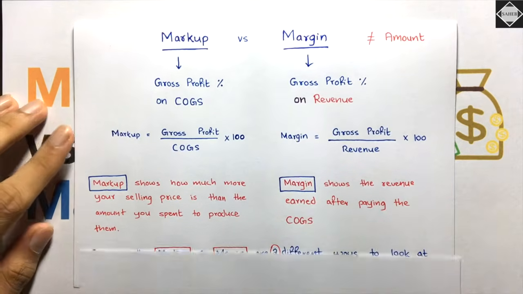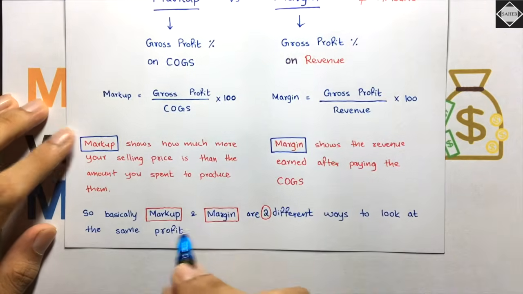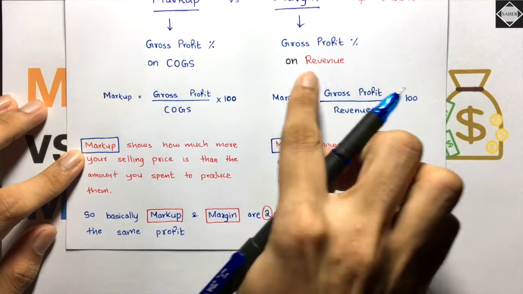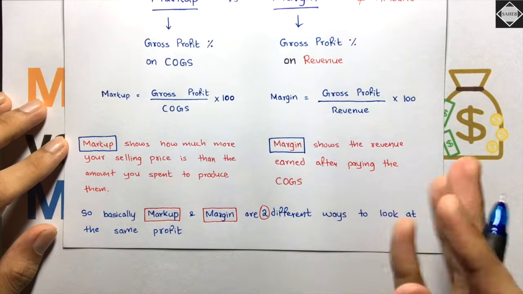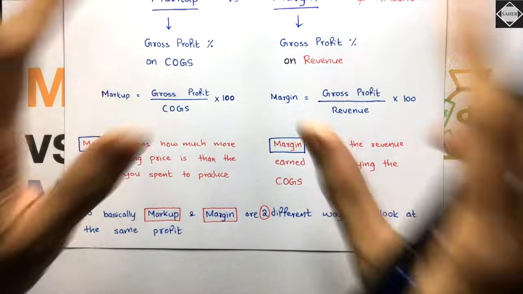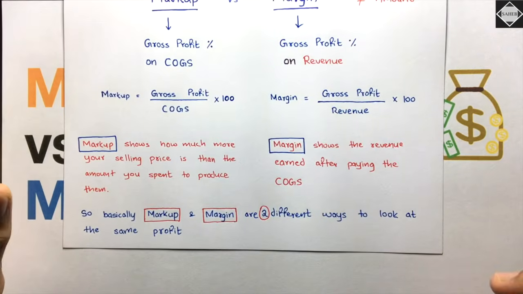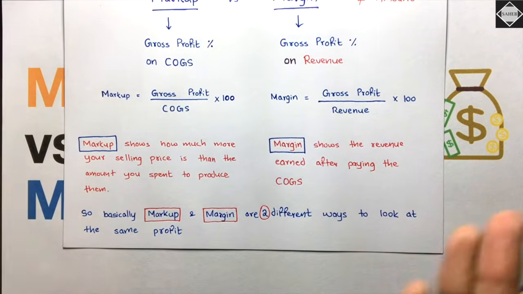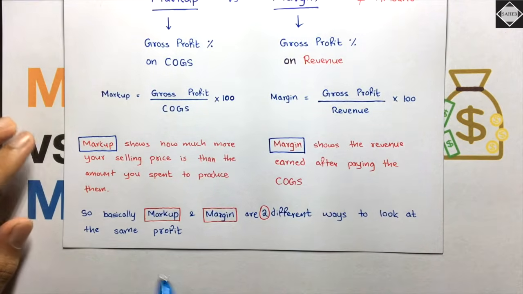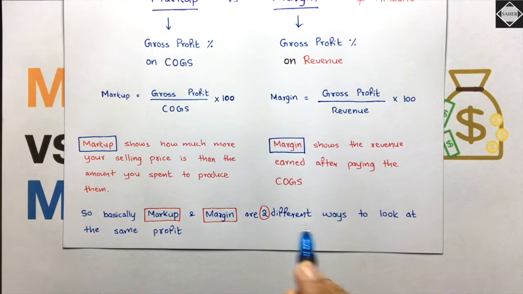Fine. So basically markup and margin are two different ways of calculating the profit. In both cases, with markup and margin, you are able to get to gross profit only, but the calculation is different. The rates are different. So markup and margin are two different ways to look at the same profit.